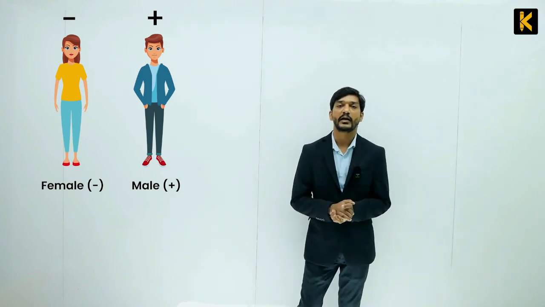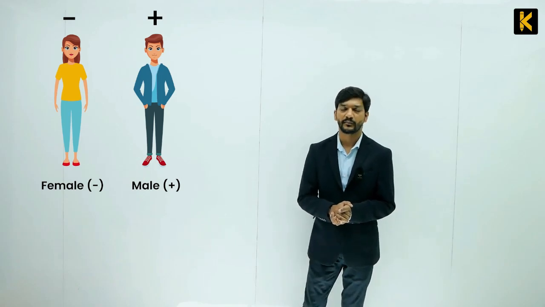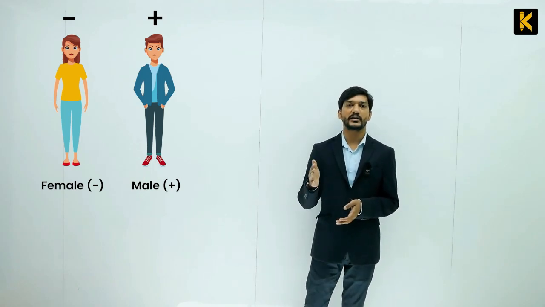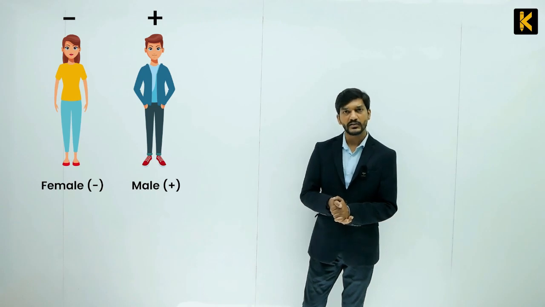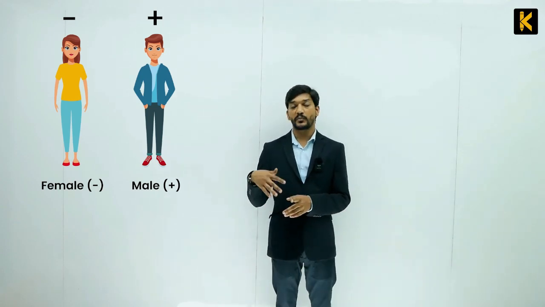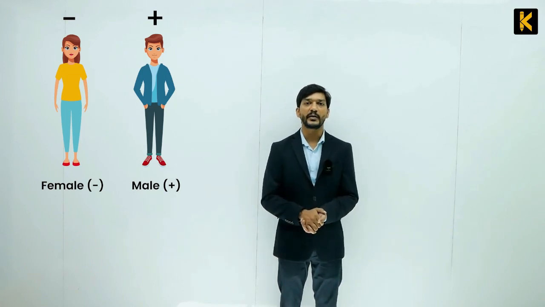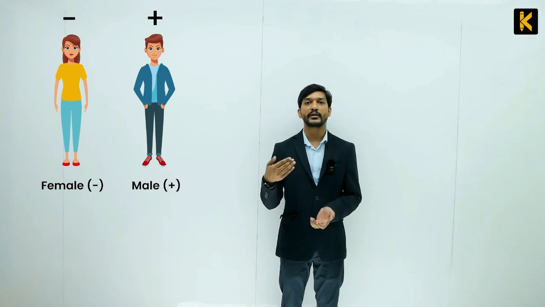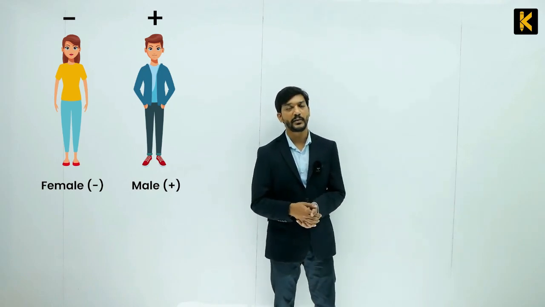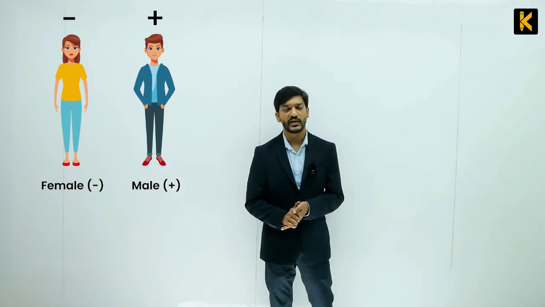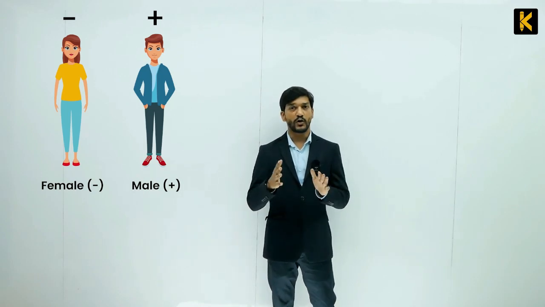Their kids will be called your cousins, so cousin brother, cousin sister. Similarly, once your brother or sister gets married, their kids also will have a relation with you. They will be your nephew or niece, depending on the gender of the child. So all these relations we will understand.